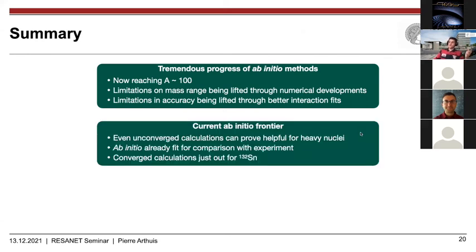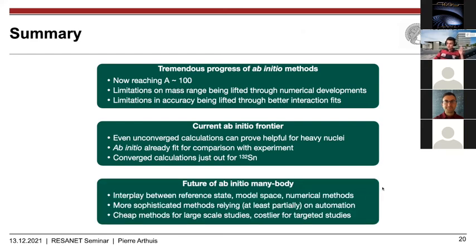I've shown you calculations at the current ab initio frontier, showing that even unconverged calculations can prove helpful for heavy nuclei, and that ab initio is already fit for comparison with experiment in this mass domain. And I've briefly mentioned results from our colleagues in TRIUMF and Darmstadt with converged calculations for tin-132.